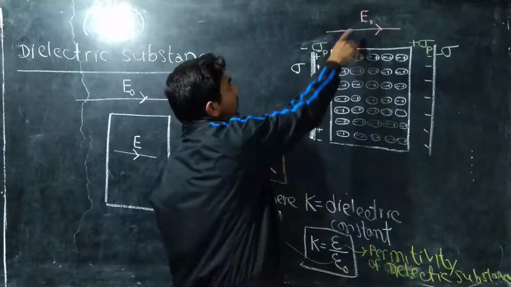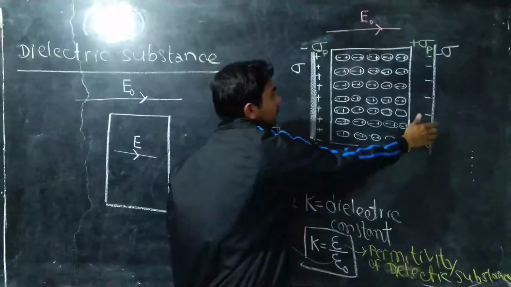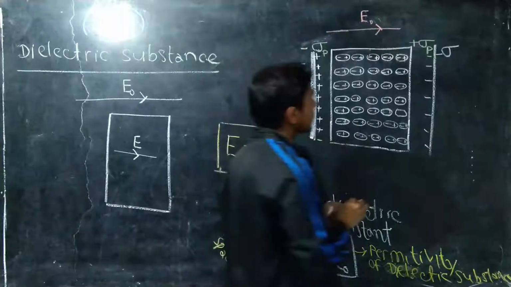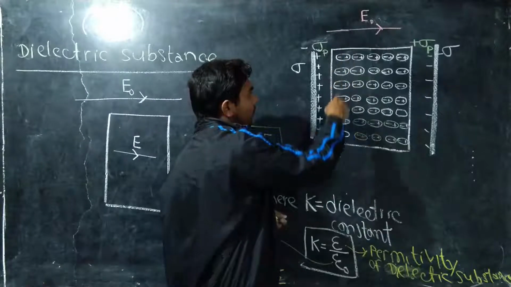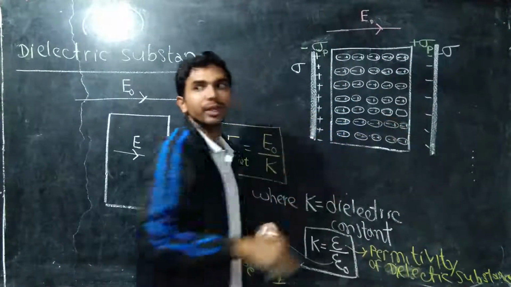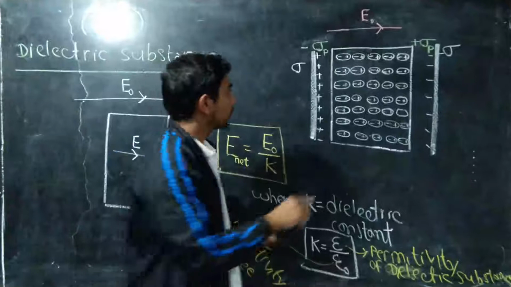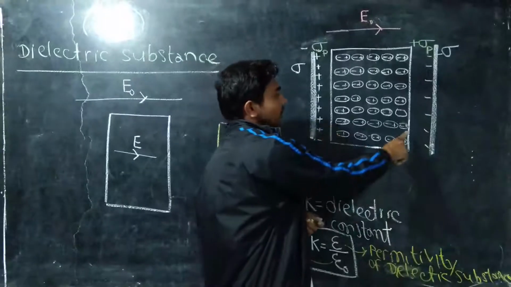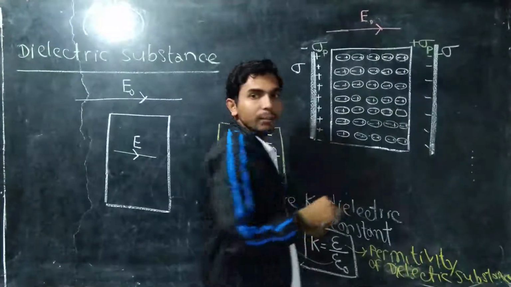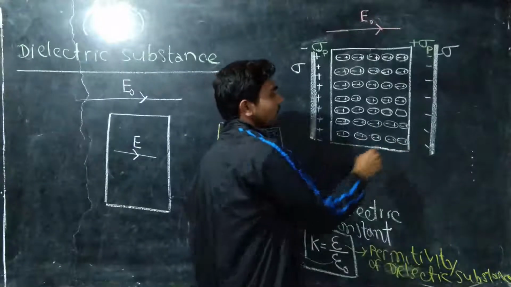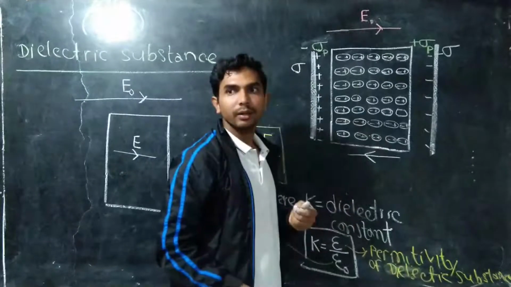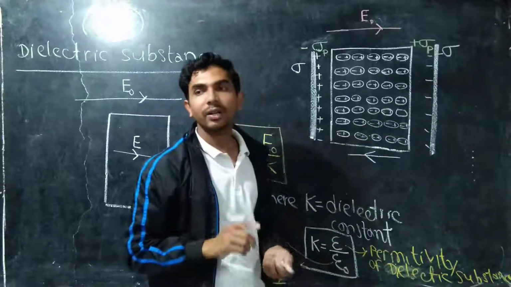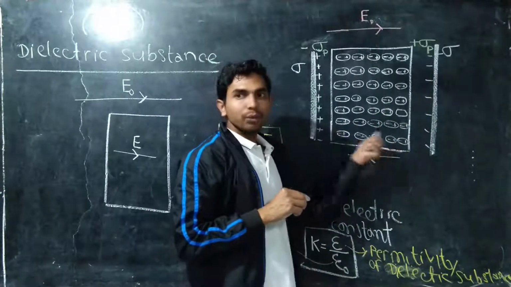Now this electric field is due to these two charges. But the charge on this surface and the charge on this surface of the dielectric also create an electric field. This is negative and this is positive, so the electric field due to these surface charges is in this direction, because electric field goes from positive to negative.